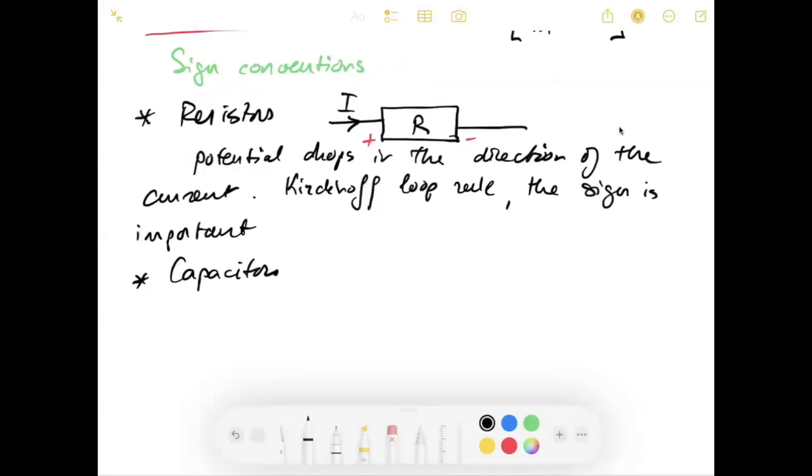So when we do capacitors, we draw this thing. Let's say this plate is positively charged, V, and this is negatively charged.